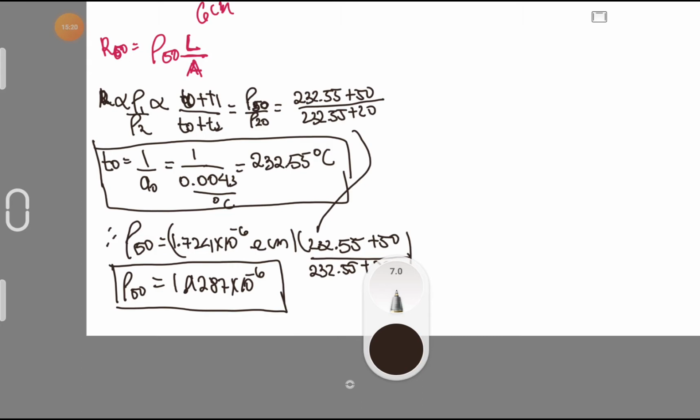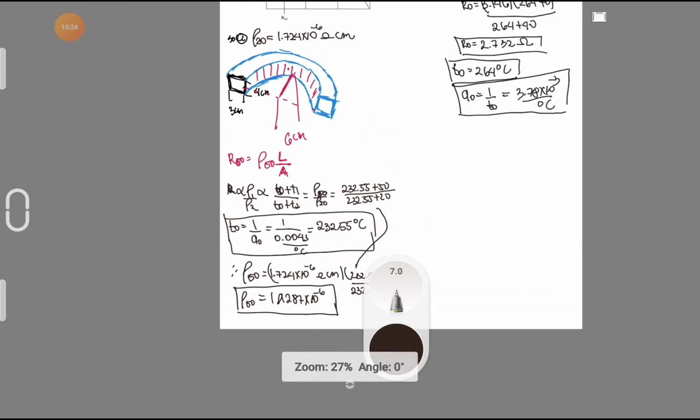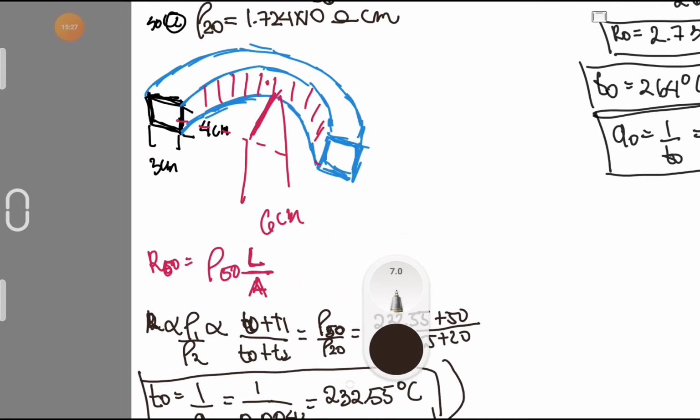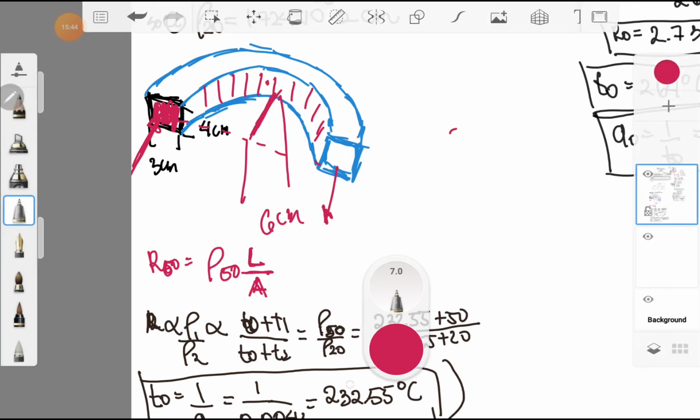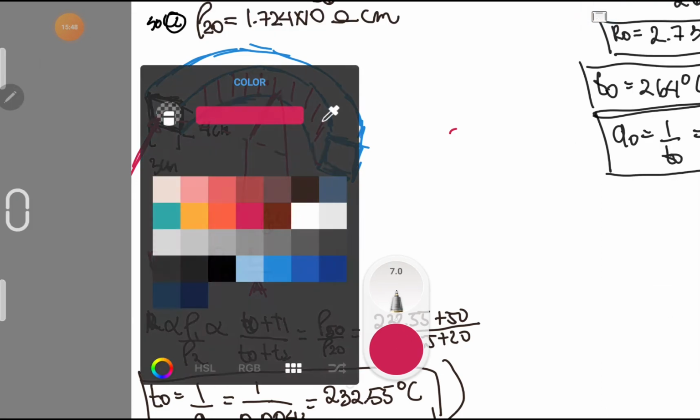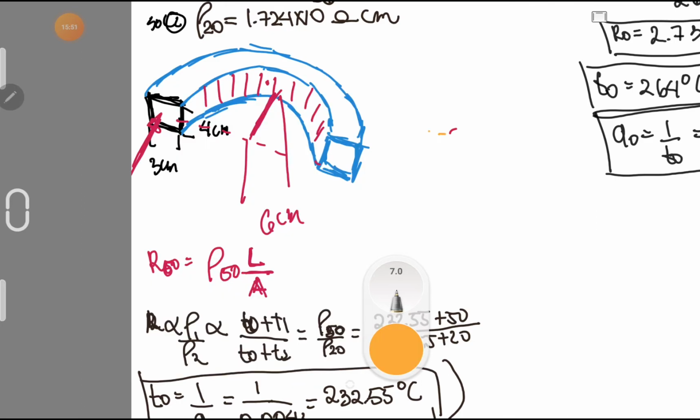Okay, so dito sa system na to, dito dadaan yung kuryente natin guys, dito. Ayan. So dito dadaan yung kuryente, dito rin siya lalabas. So therefore from this, ito yung area na gagamitin natin. So ibang kulay para mas maganda. Let's say gamitan natin siya ng yellow.